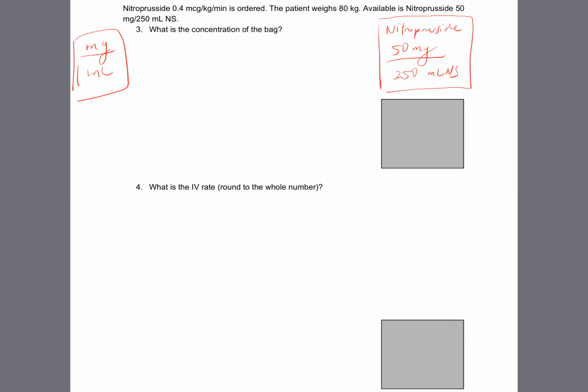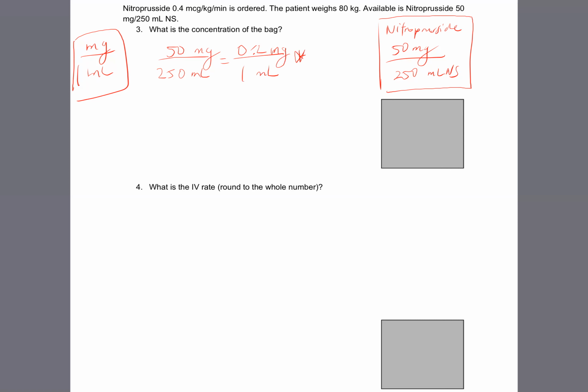And we're going to go ahead and box that. So 50 milligrams divided by 250 mLs. And our answer is 0.2 milligrams per 1 ml.